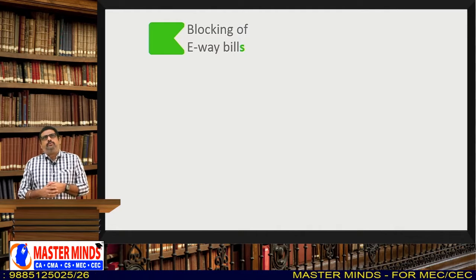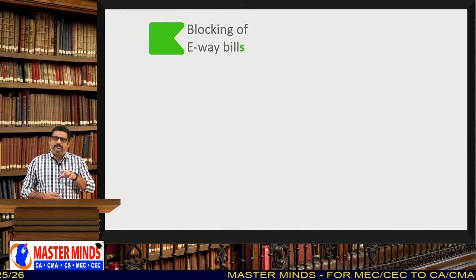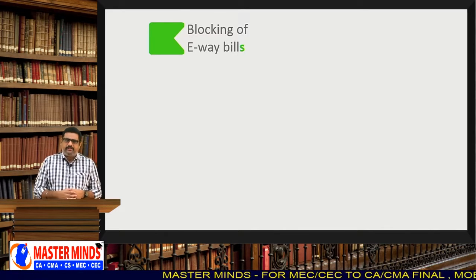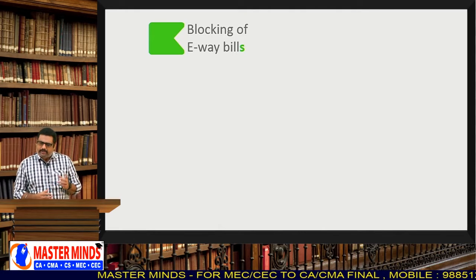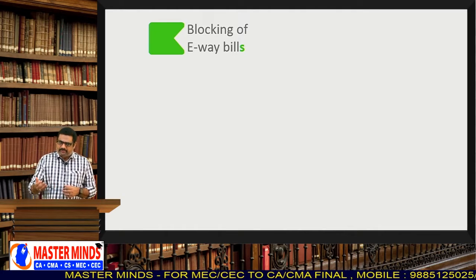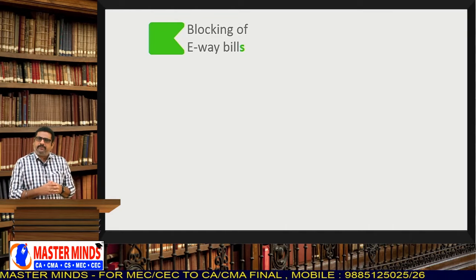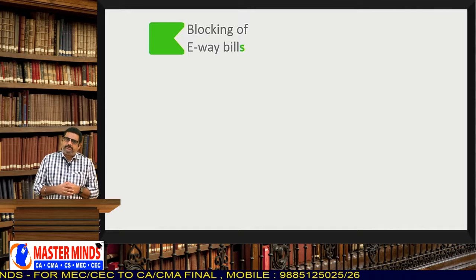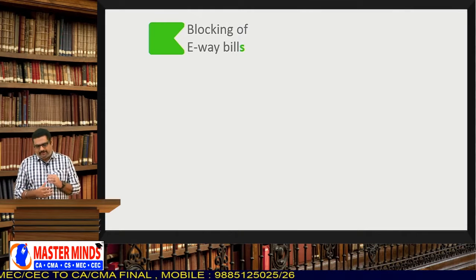So, the normal registered persons who are following section 9 must file returns like GSTR1 and GSTR3B. In the same way, the composition suppliers following section 10 or 10(2)(a) must file CMP 08 and GSTR4.